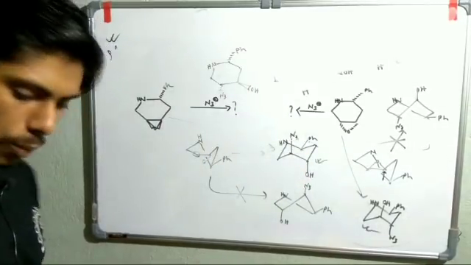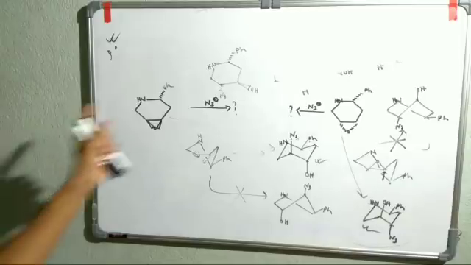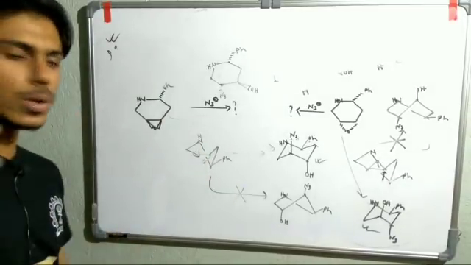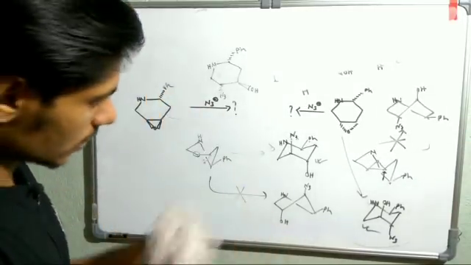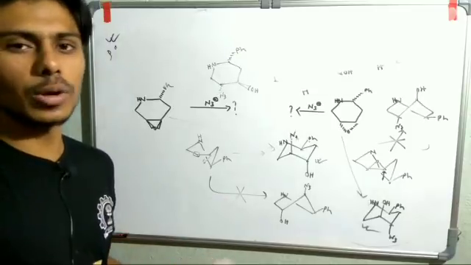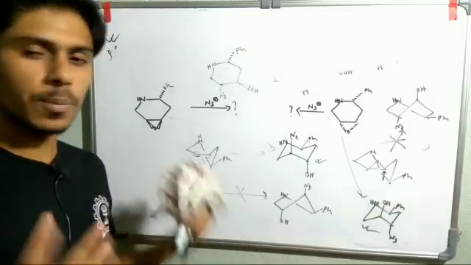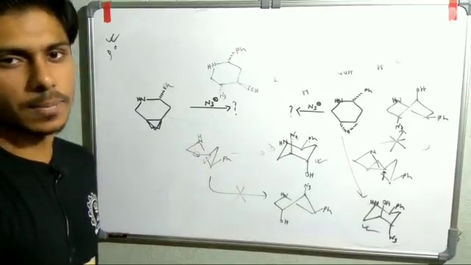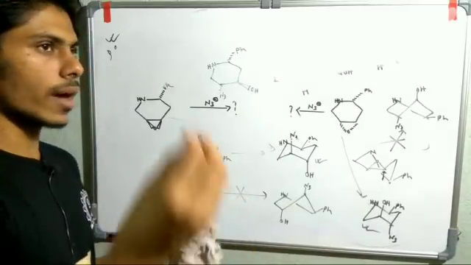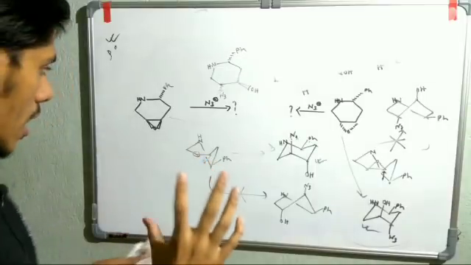So the main point which you should remember while writing this reaction is that you should always attack on that particular carbon atom which gives you the chair-like transition state and chair product in the first step. You don't have to attack where you will get the boat product.